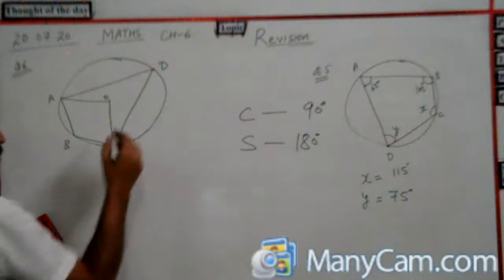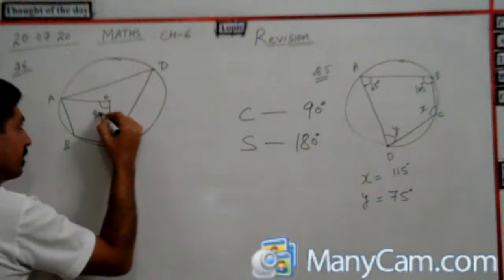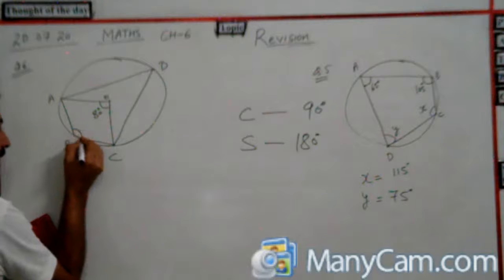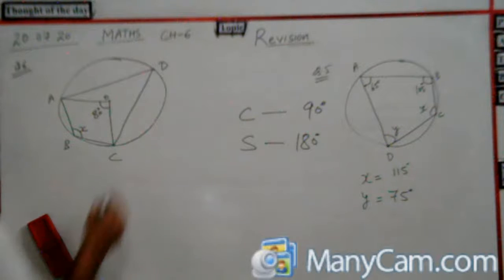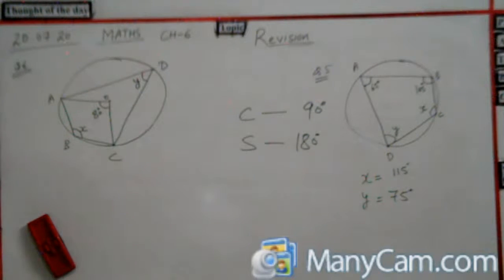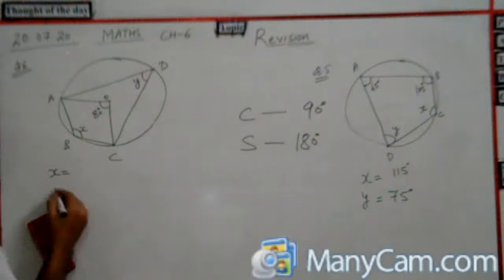If we have here one angle that is 80 degrees, find angle X and angle Y. What is angle X and what is angle Y?